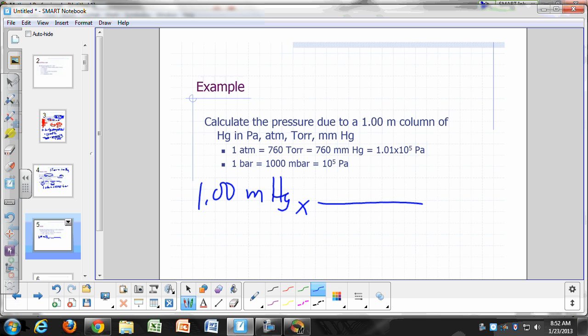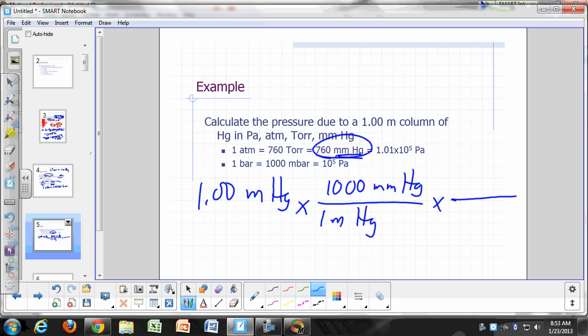What's the conversion from mercury to Pascal? Millimeters of mercury. One meter of mercury is 1,000 millimeters, right? And so that gives you millimeters of mercury.